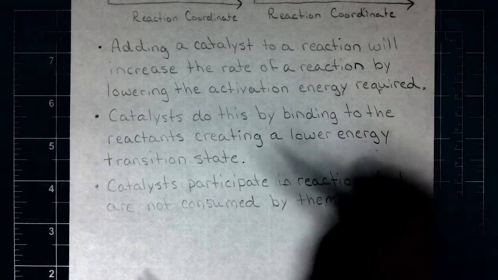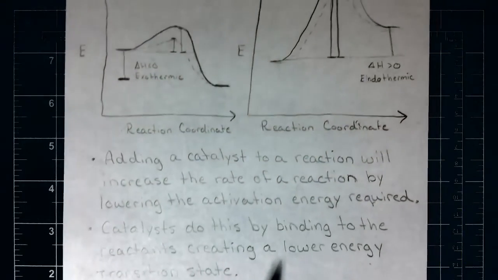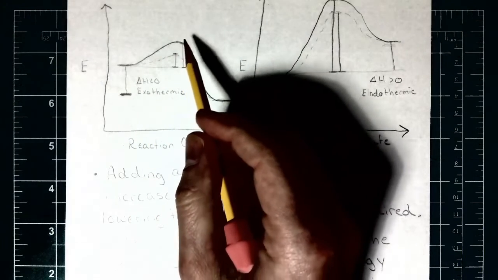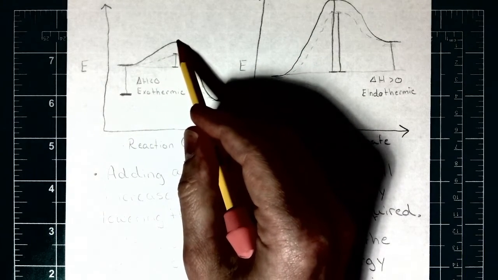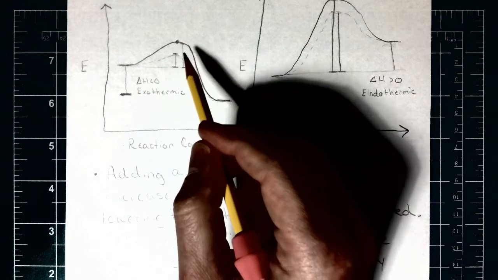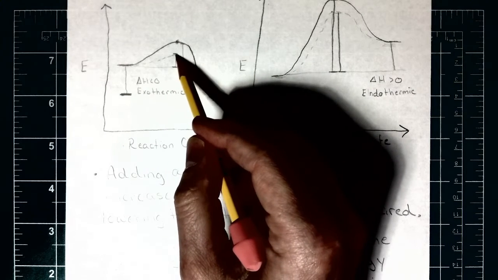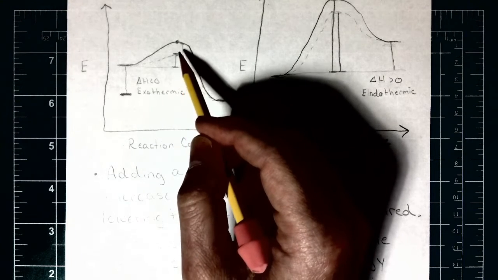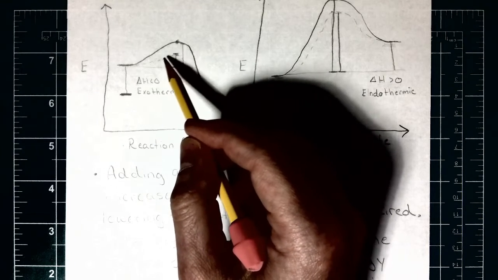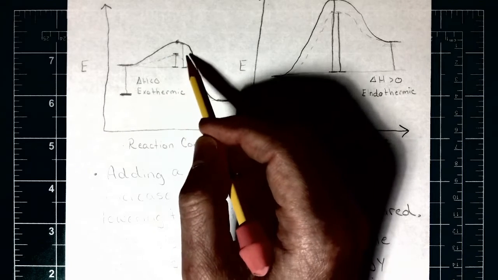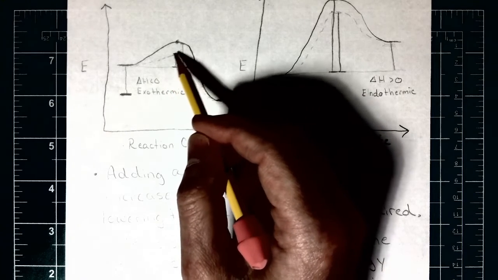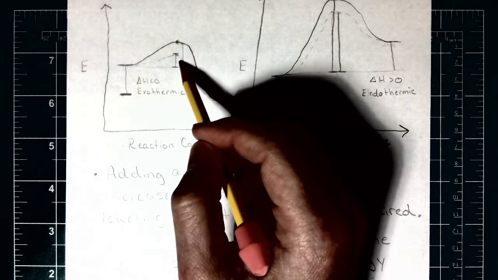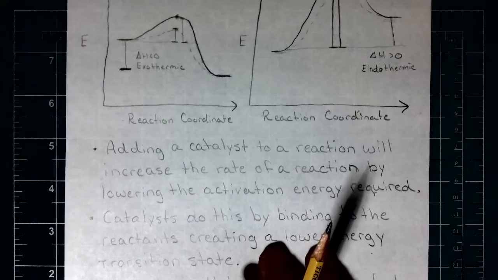And what the transition state is, what do these reactants and products look like in this intermediate stage? What is the geometry of that? And what's going to happen is the catalyst is going to bind to the reactants, and it's going to give them a new kind of geometry that is lower in energy but still looks very much like the original transition state.